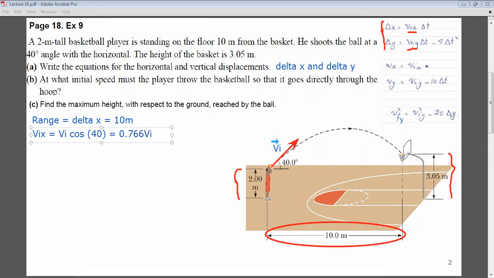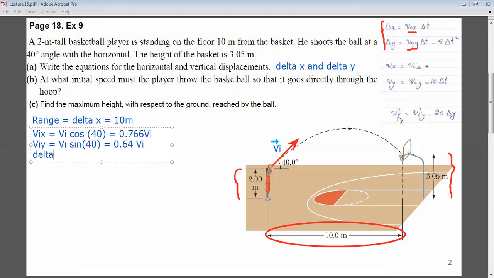We don't have the value of v initial, so we just put v initial. V initial y is equal to v initial sine 40, and this is equal to 0.64 v initial. We don't know what v initial is, so we just leave it like this.